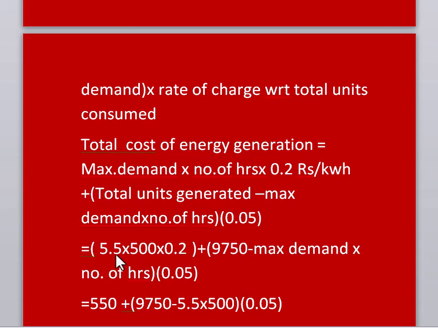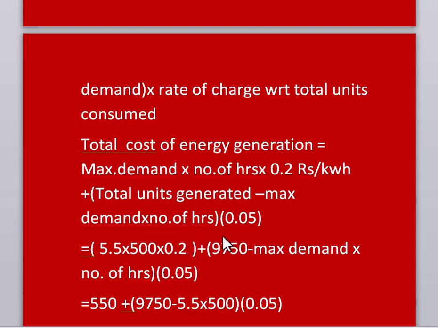Substituting all these available values, we get like this: 5.5 is the maximum demand in kilowatts, into number of hours used, 500. 5.5 into 500 gives us kilowatt hours, into the rate of charge, which is given as 20 pies, that means 0.2 rupees per kilowatt hour. So this is the bill corresponding to the maximum demand units.